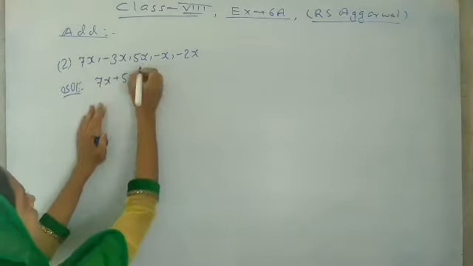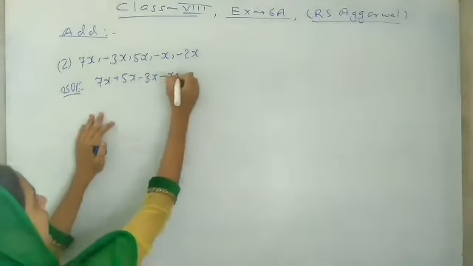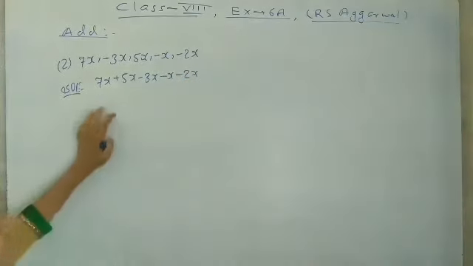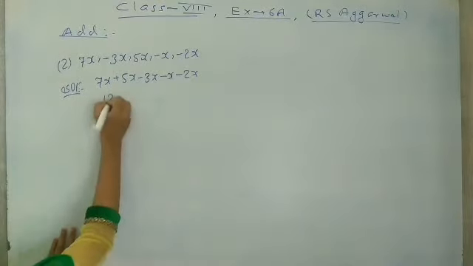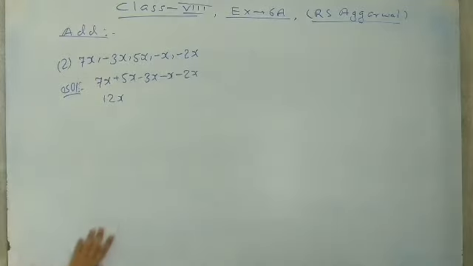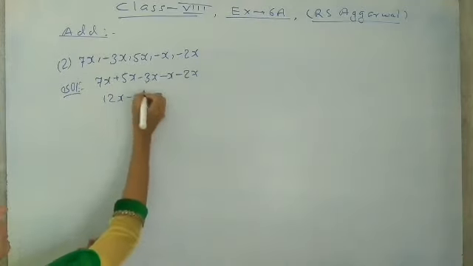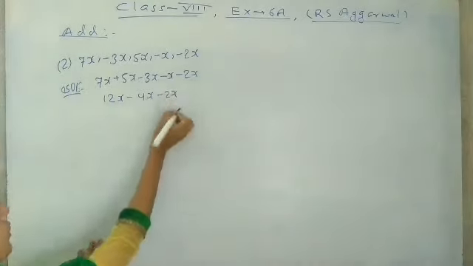So here is minus 3x, minus x and minus 2x. So here we will add them because the sign there is plus, so 5 plus 7 is 12x.